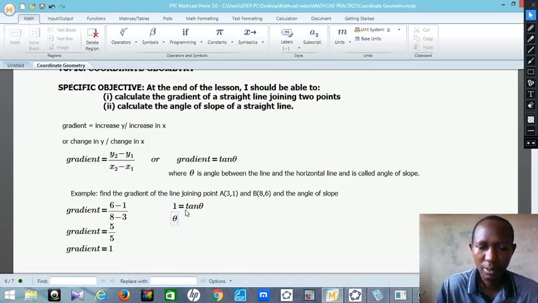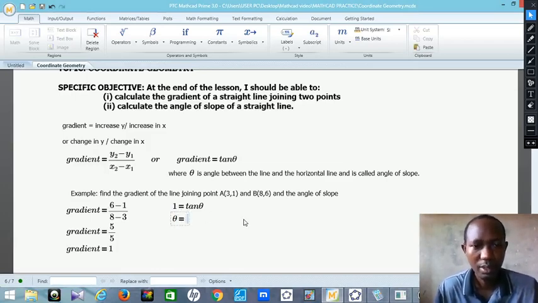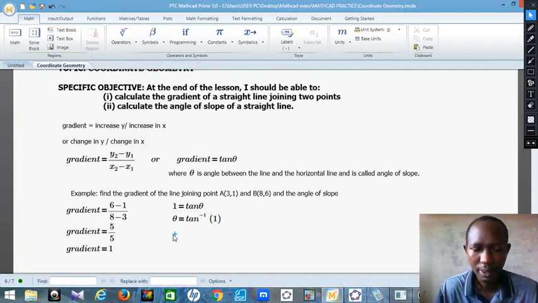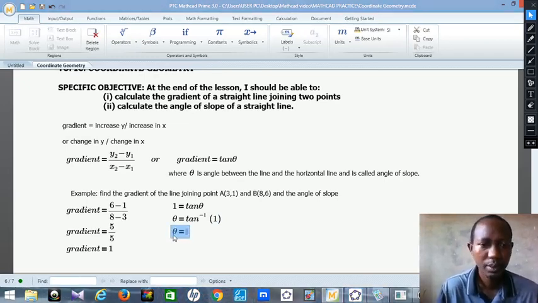Theta will now be equal to tan inverse of 1. Tan inverse of 1 is going to give you 45.